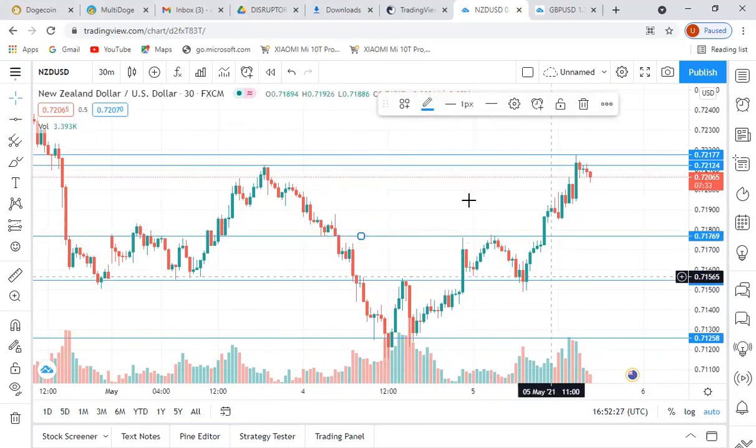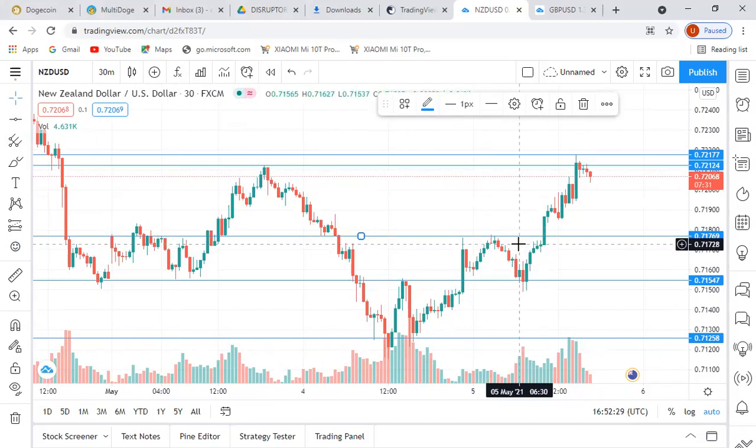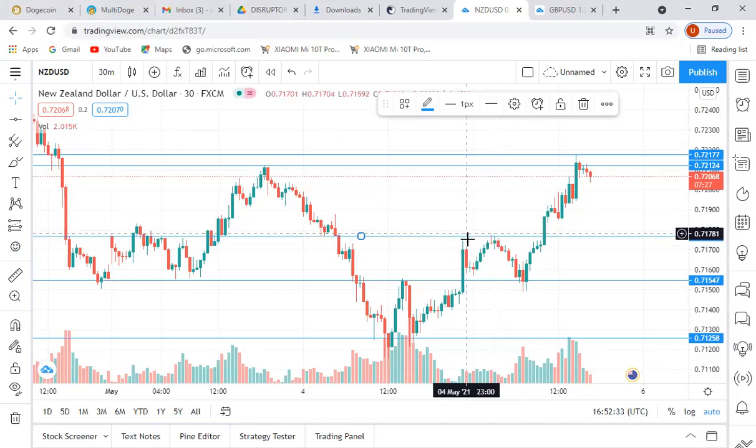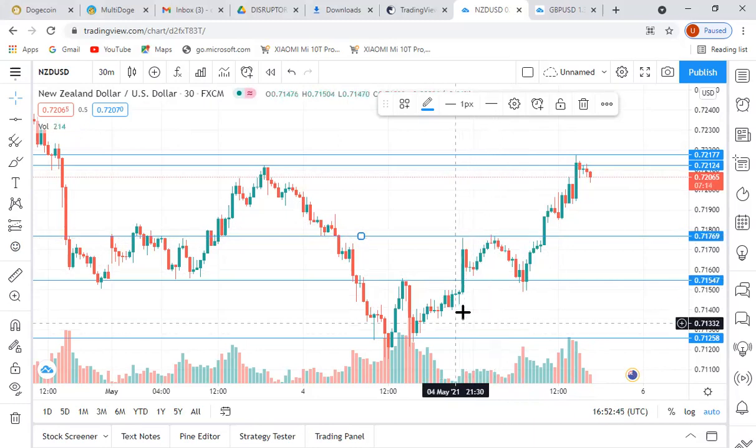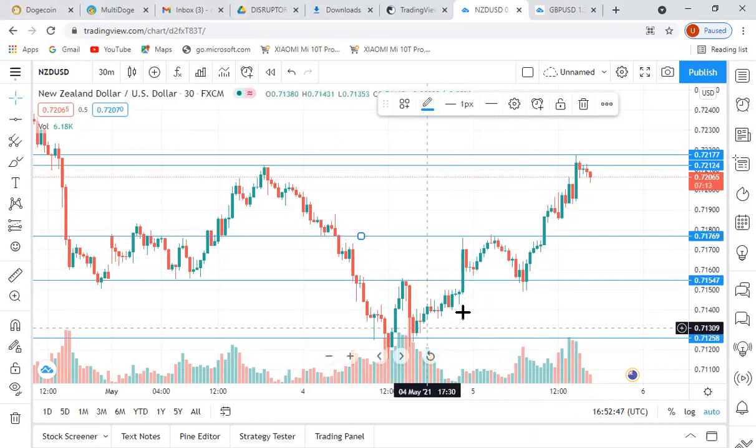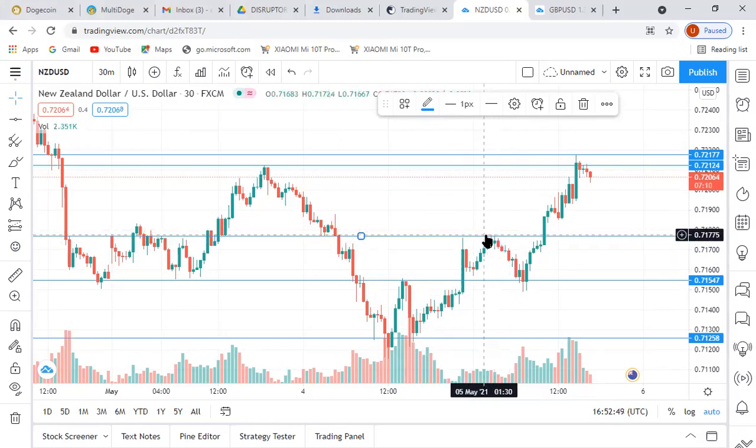I will explain in my other lecture why this resistance. This is supposed to be a resistance, but at an advanced level, we will tell you when price moves from point A and uses this as a resistance to begin to sell.